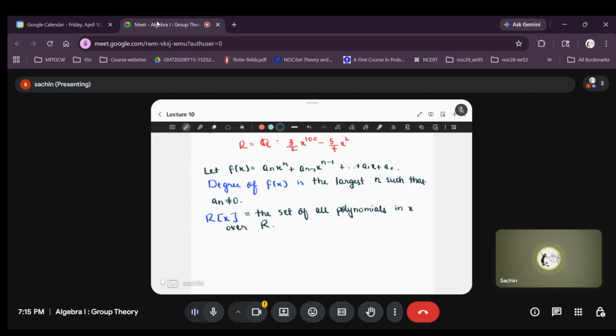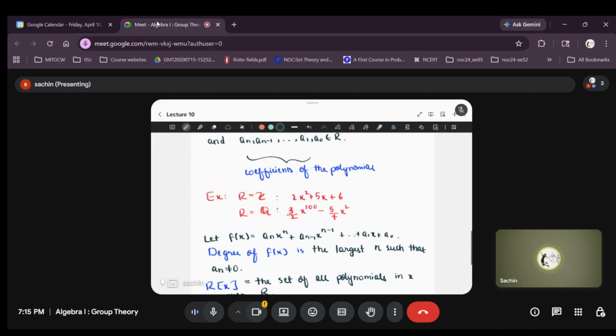Z of x would simply mean polynomials in x with coefficients from the ring Z. You could specify R is equal to Z and then write R of x. Or if you have specific symbols like Z and Q, which mean a particular ring, which is already understood, then you can directly call it Z of x. Notation, it's up to you.